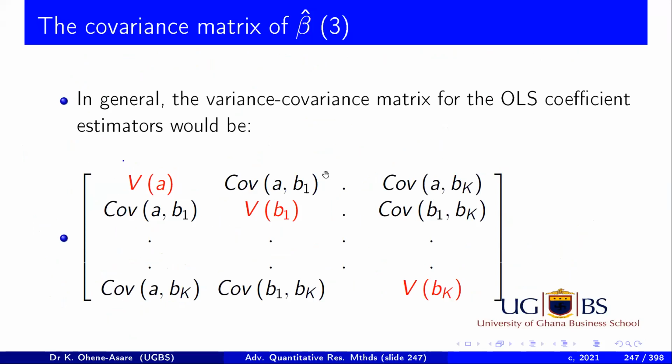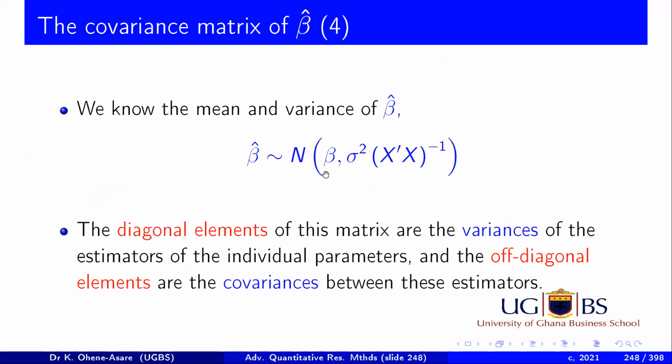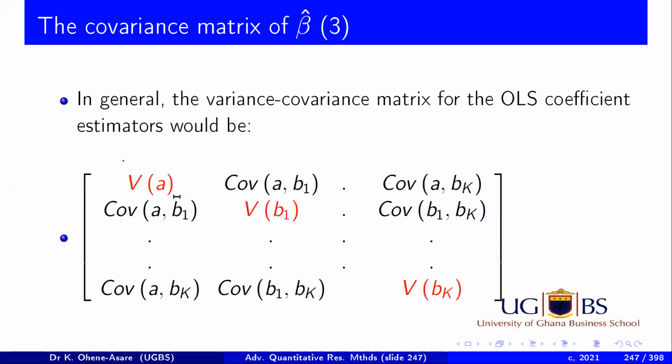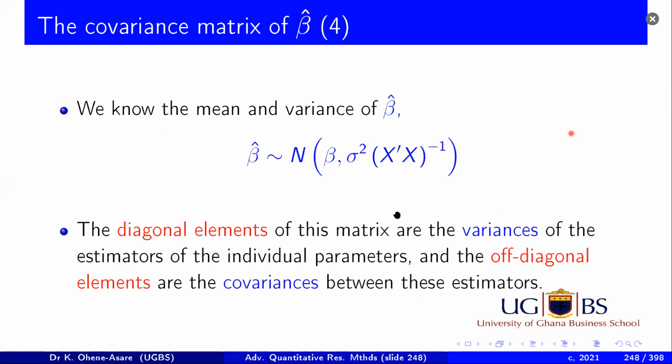I'm telling you, this is a very powerful thing in regression. Why? Anytime you are doing any regression, our goal is to find the parameters and to determine whether those parameters are significant. Those diagonal elements that you see here are very, very important.